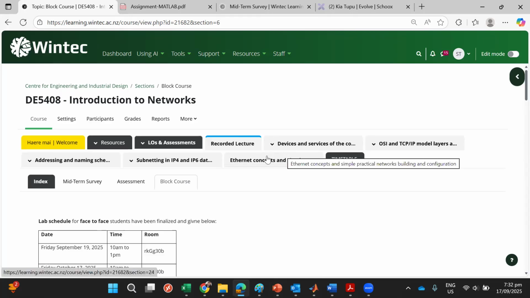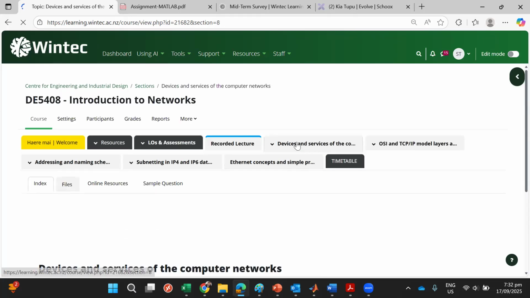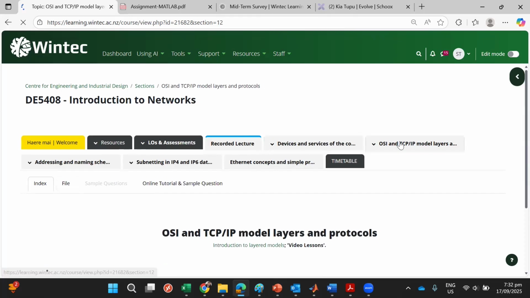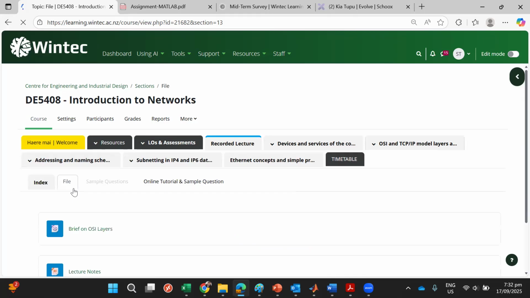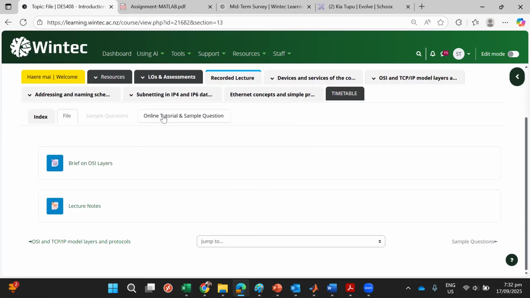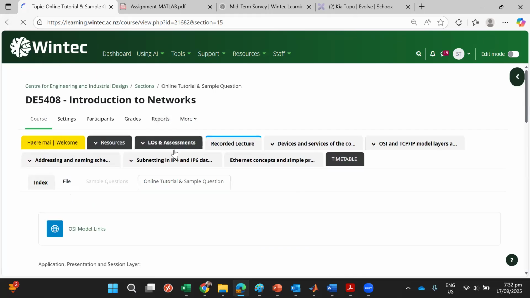Okay, so let us start. About the chapter test, it will cover these two tabs. The topics that we have covered are devices and services, this one, and OSI and TCP/IP model, this one. You need to go through this file and the tutorial.